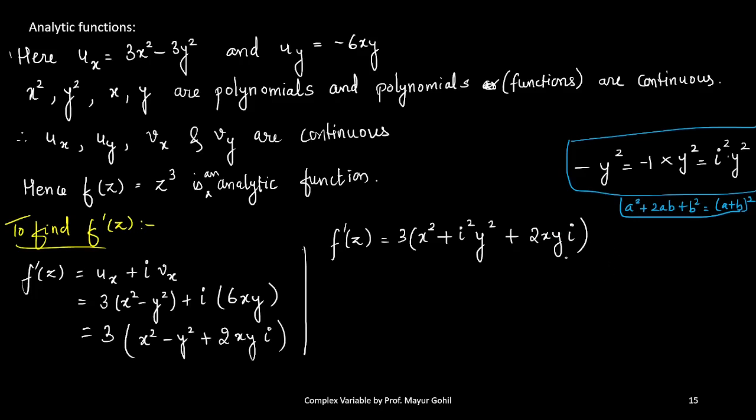So if we do it that way, what do we get now is 3 times x plus iy the whole square. And now we know that x plus iy is z, so this is 3z square, f dash of z. That is what we have obtained. Okay, so this is how it is handled over here.